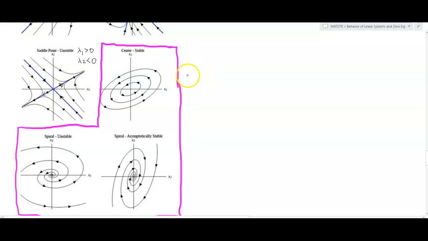So these are for complex eigenvalues. I'll just say more on this later in the next lesson.